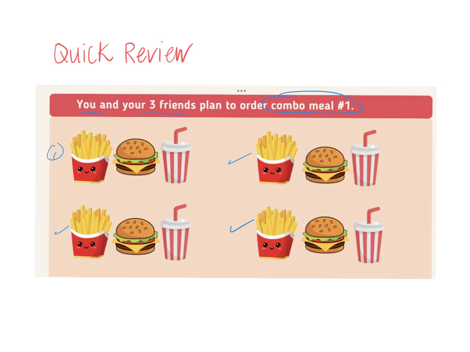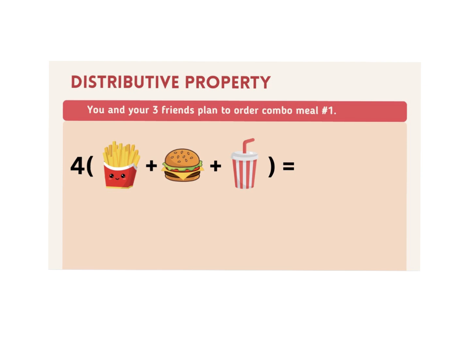So instead of writing the same thing like, hey, a fries plus a burger plus a drink, and then plus another fry plus another burger plus another drink. Do you remember a quicker way to write that? Well, we did learn how to do that using the distributive property. So instead of writing it out 4 times, I could say, hey, I've got 4 people ordering the exact same thing.